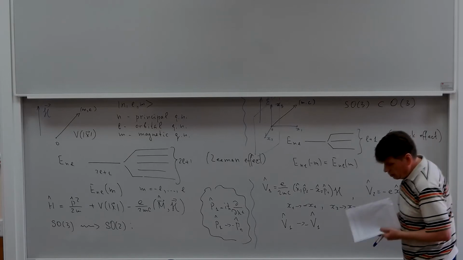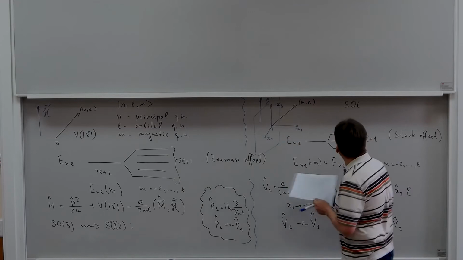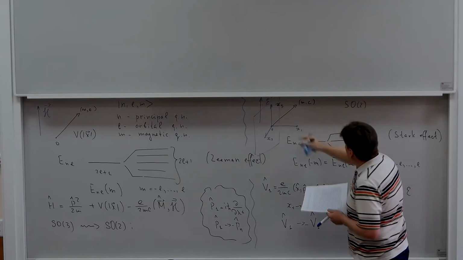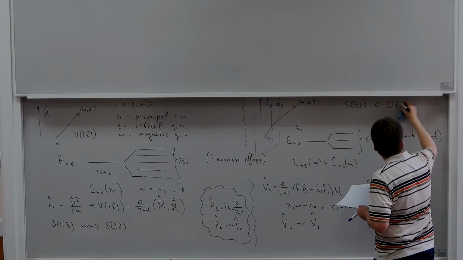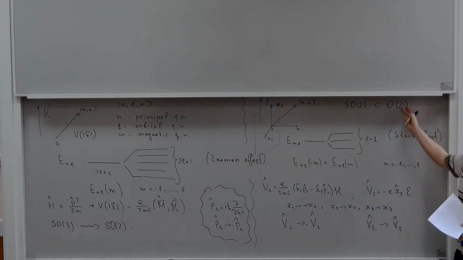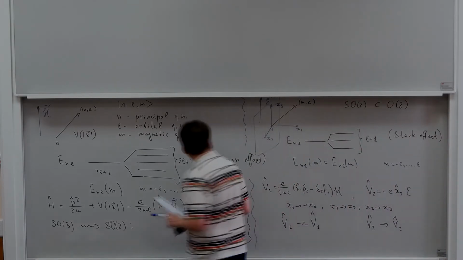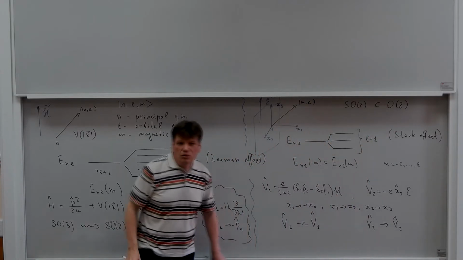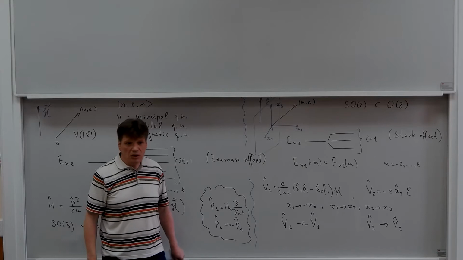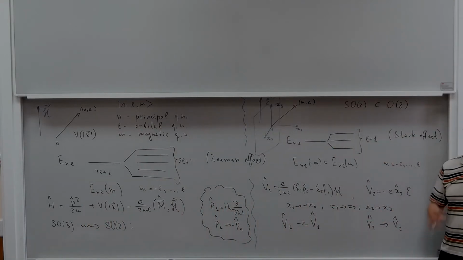I'm sorry, not that. We are talking about rotations about the z axis. So we extend SO2 to the orthogonal transformations of the two-dimensional plane, O2. And it is significant that the full orthogonal group O2 is not commutative, because in general, reflections do not commute with rotations.